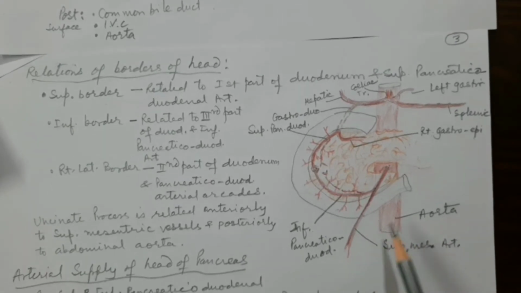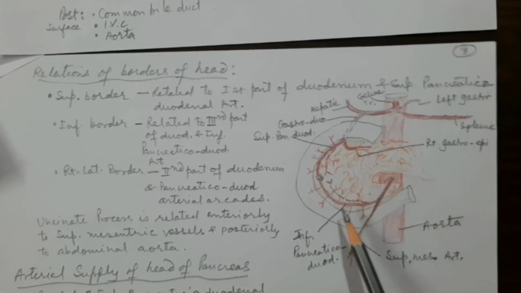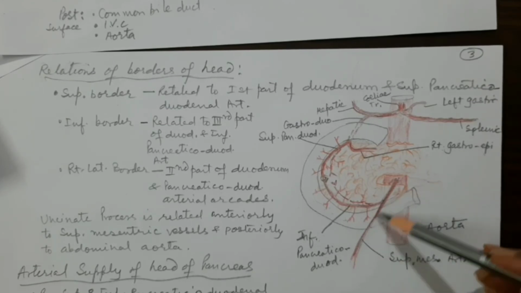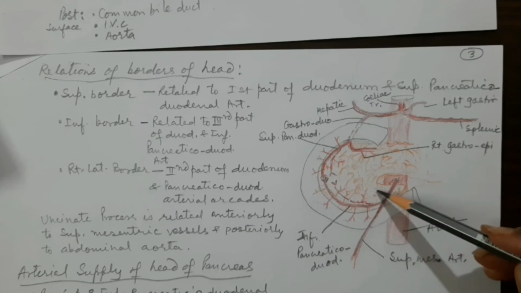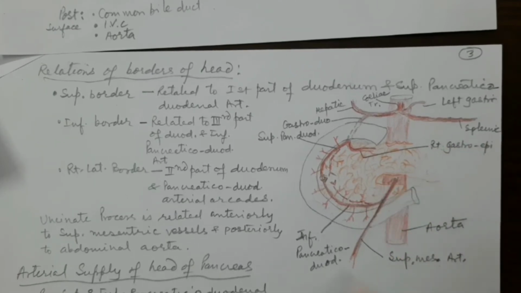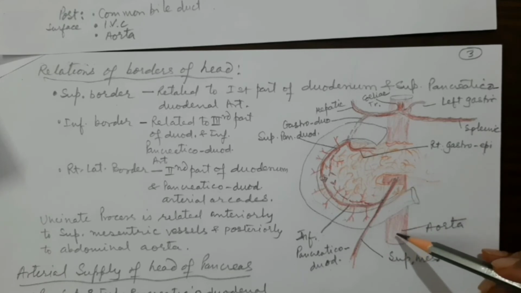Now if you see the uncinate process here, this uncinate process is related anteriorly to the superior mesenteric vessels, that means artery and the vein, and posteriorly it is related to the abdominal aorta. See this abdominal aorta?